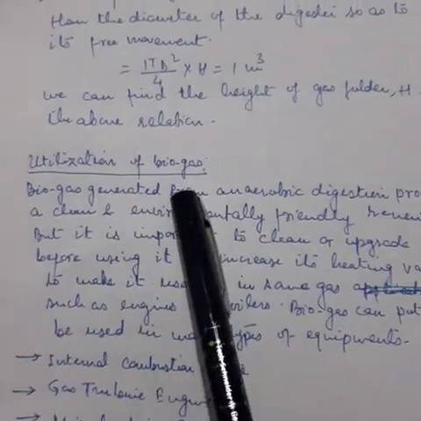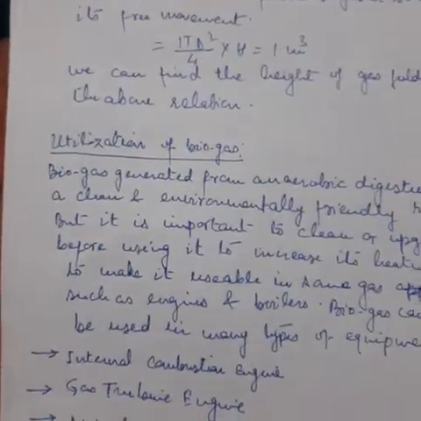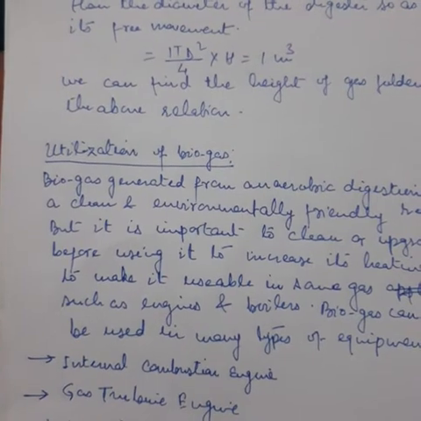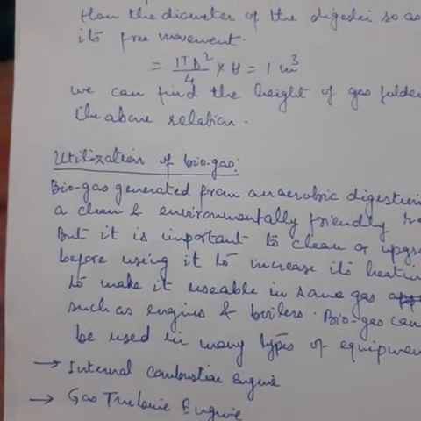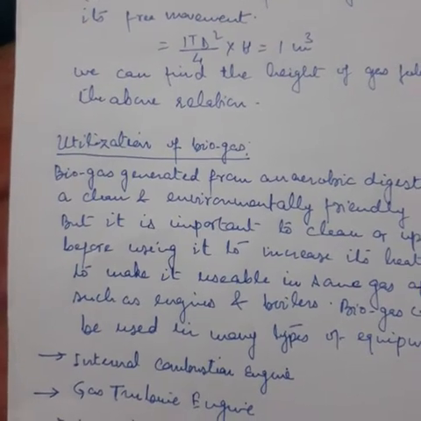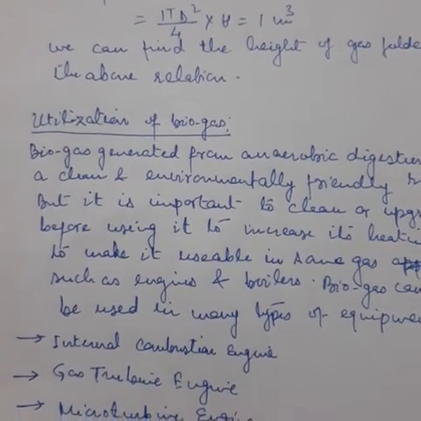The utilization of the biogas. We know that the principle of biogas is that it totally depends upon good quality methane gas being obtained by the digester from the biogas plant, and after this it is used in several applications.